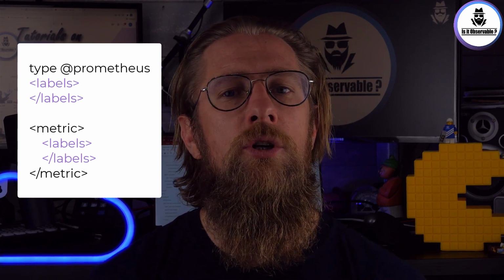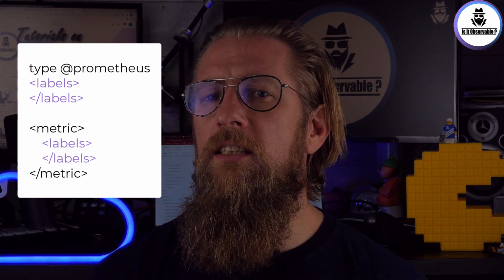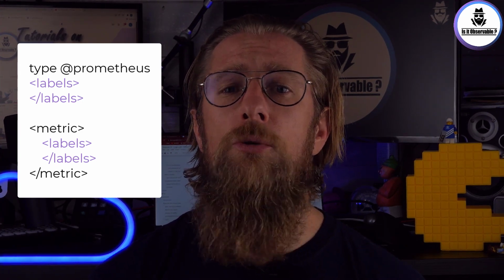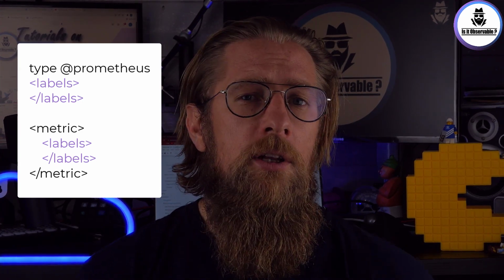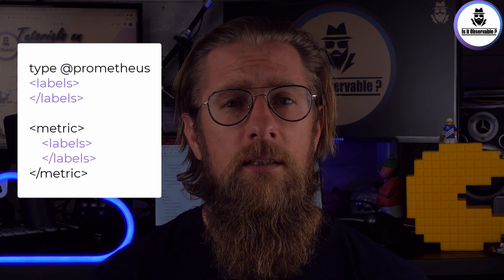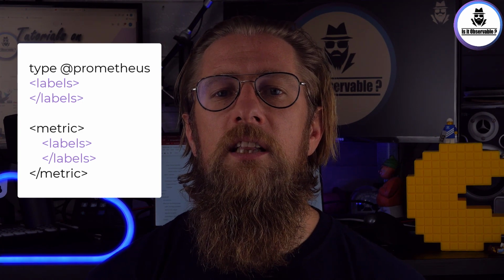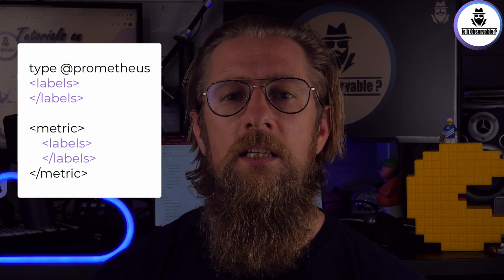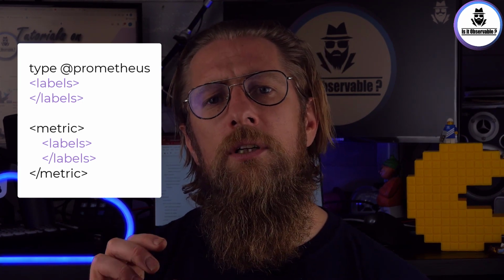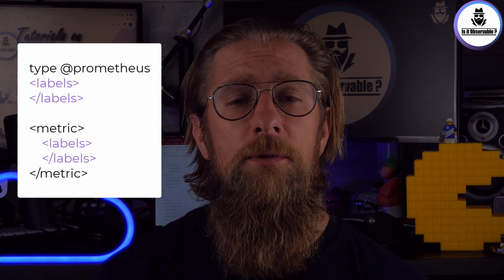Outside of the metric object, it will describe the common labels of all of the metrics that you're planning to expose. If the label is within the metric object, then we specify the specific labels of that metric. So you can describe the common labels and then add extra metric labels in the metric object directly.